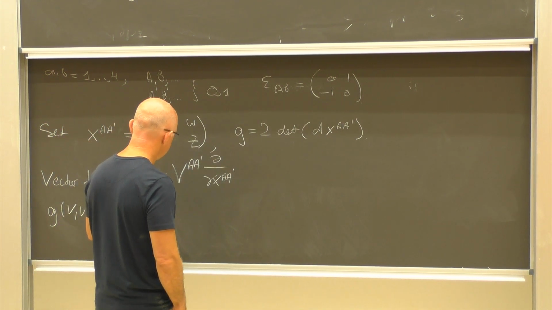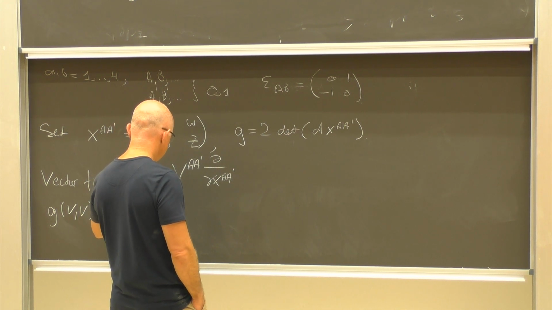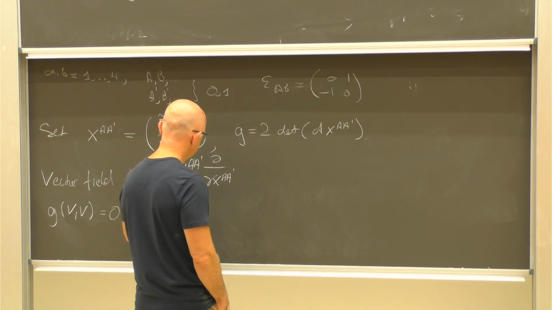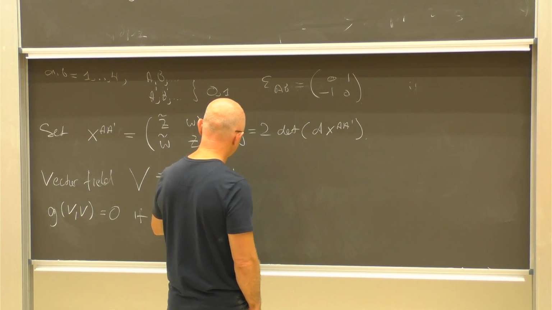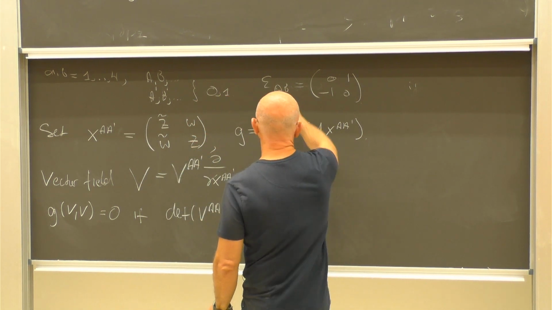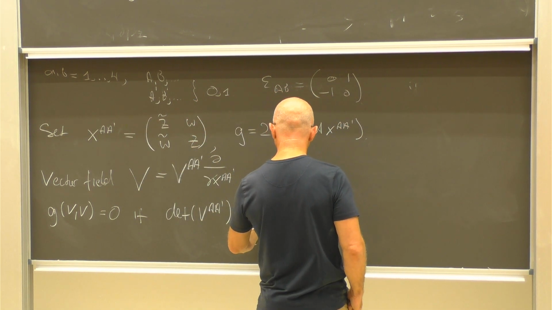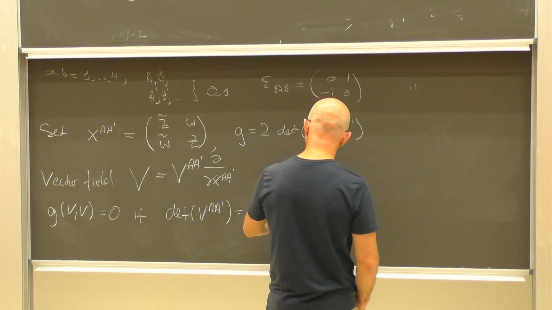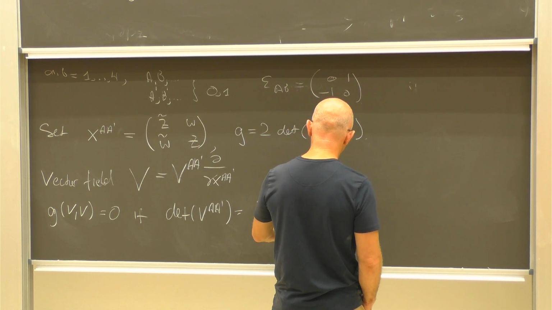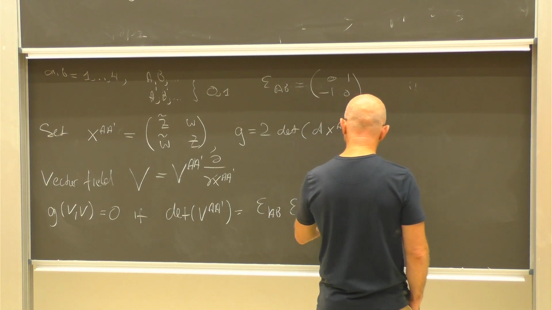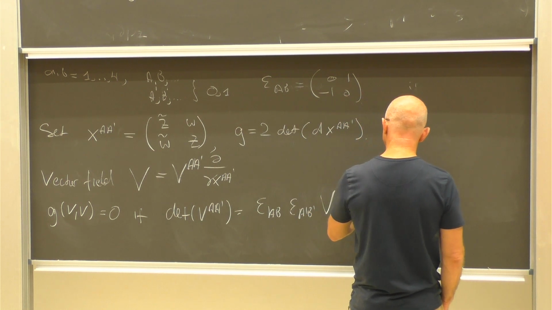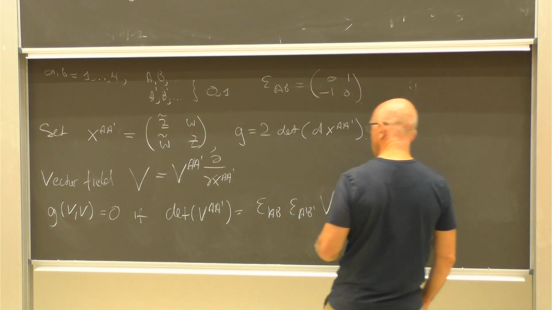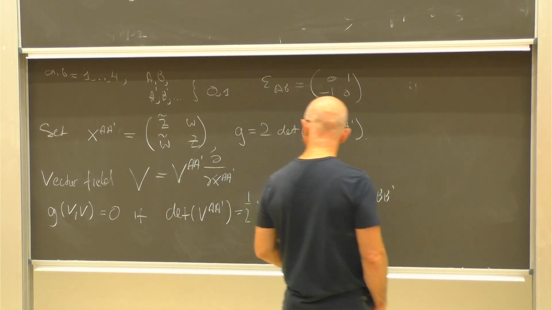if, well, let's say, determinant of V AA prime, which is the same in this spinor notation as a half epsilon AB epsilon A prime B prime V AA prime V BB prime, equals 0.